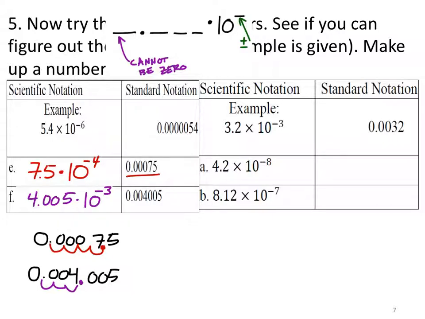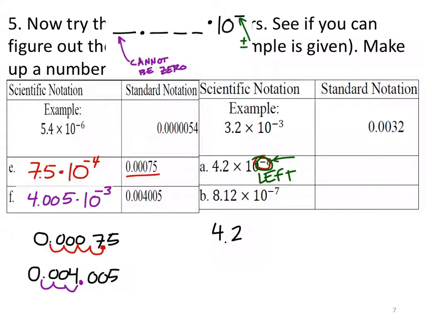All right, this next example, a 4.2 times 10 to the power of negative 8. We got that 4.2 right there. And since that exponent, this in a different color, that exponent is a negative, that means we'll move the decimal to the left of the scientific notation. So moving it left, how far?